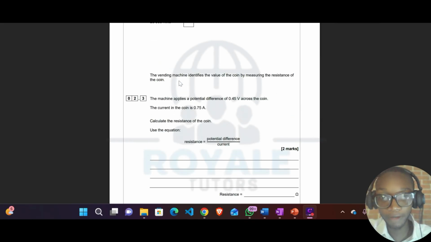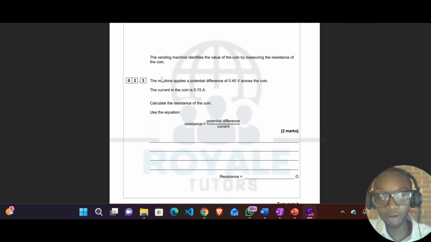It says, the vending machine identifies the value of the coin by measuring the resistance of the coin. Now, it's another calculation here. The machine applies a potential difference of 0.45 volts across the coin. The current in the coin is 0.75 amperes.